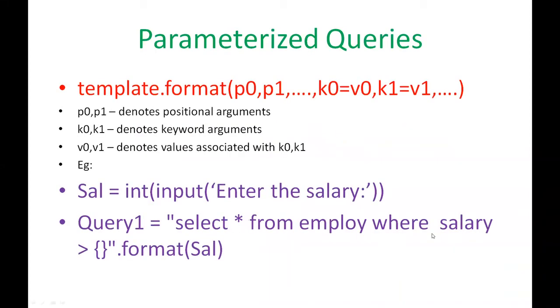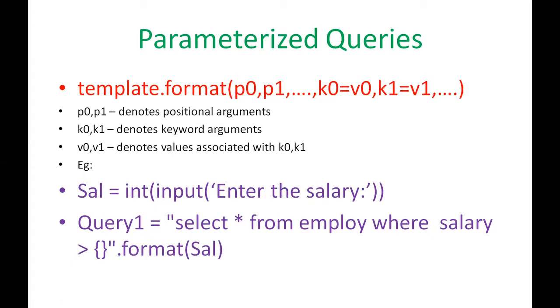So, the syntax or format of parameterized queries is template.format, with P0, P1, and K0 equal to V0, comma, K1 equal to V1, and it moves on. Here, P0, P1 denote positional arguments, where you are going to place your values.